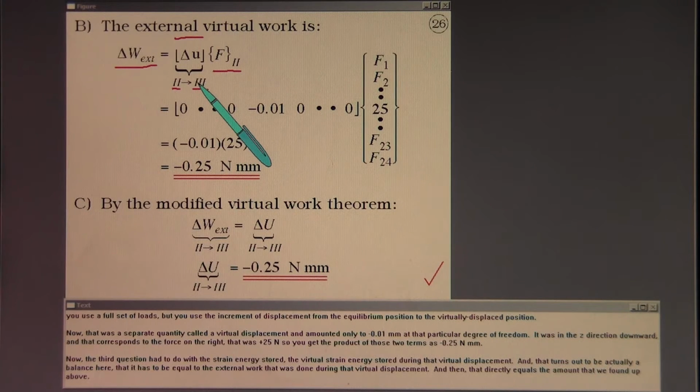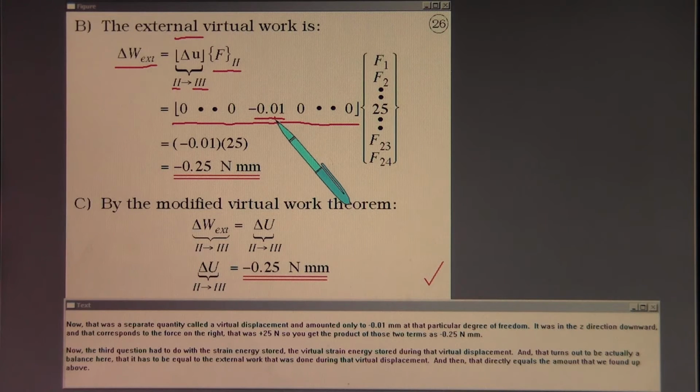That was a separate quantity called a virtual displacement and amounted only to minus 0.001 millimeters at that particular degree of freedom. It was in the z direction, downward, and that corresponds to the force on the right that was plus 25 newtons. So you get the product of those two terms, which is minus 0.025 Newton millimeters.